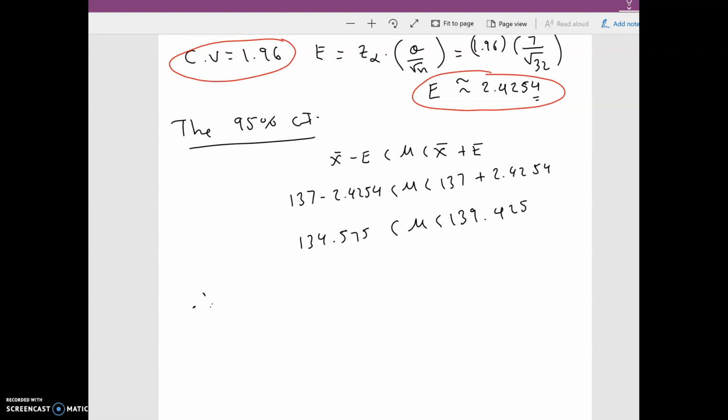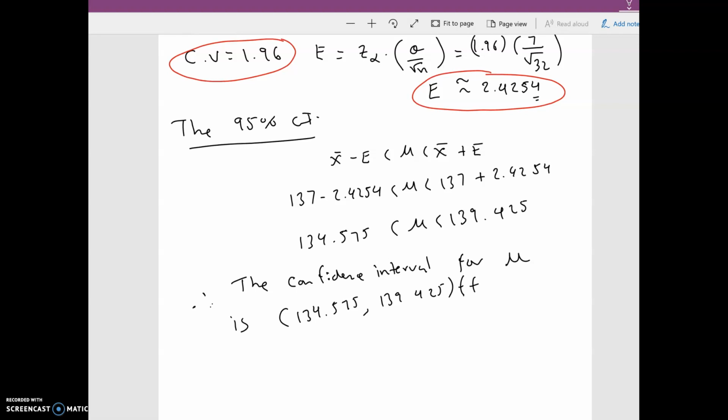So you would say something along the lines of: the confidence interval for mu is 134.575 to 139.425, and in this case, we're talking about feet, when the value of C is equal to 0.95.